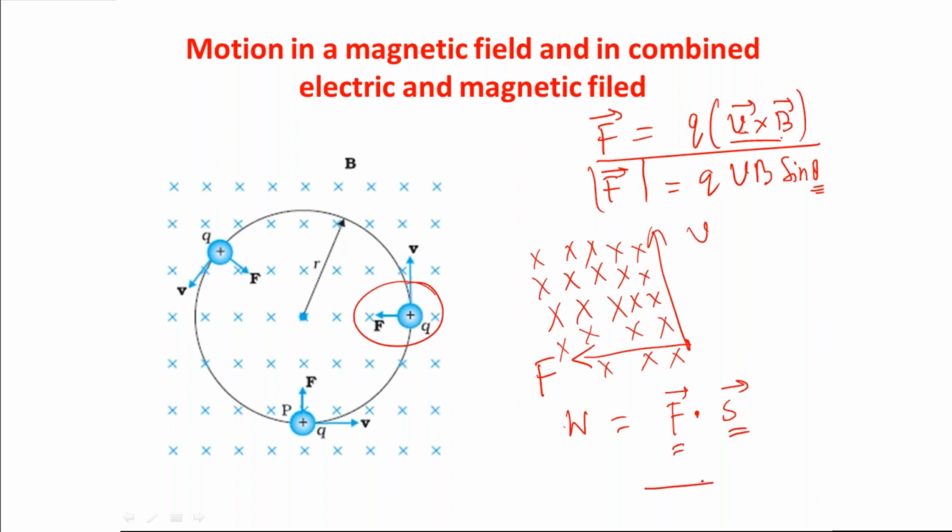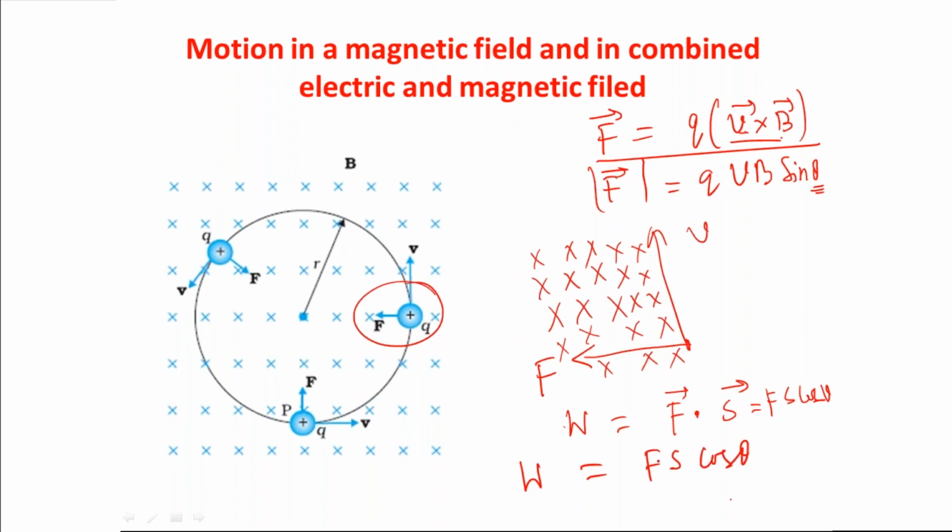If the object is moving in the direction of the force, or in any arbitrary direction, suppose this is the direction of force on an object, and the displacement is also in the same direction, then the angle between them gives you F s cos theta. So this will be maximum work done. You might be thinking, sir, why are you talking about work done over here? Yeah, there is a purpose. See here, dot product. Work done is actually F s cos theta.